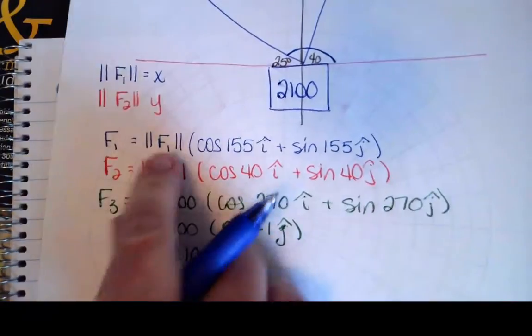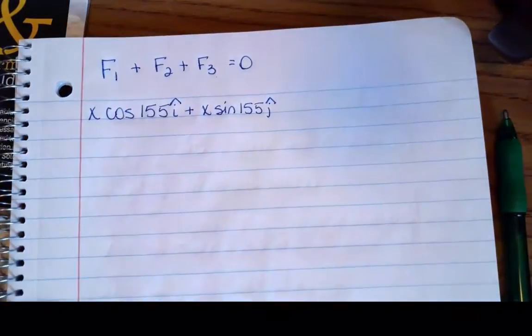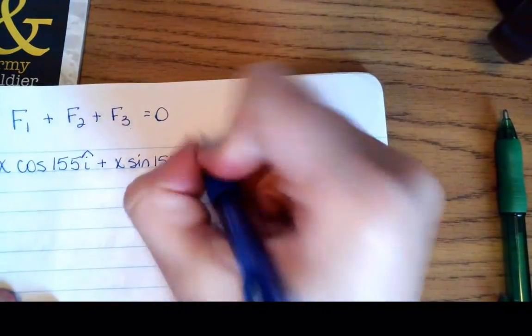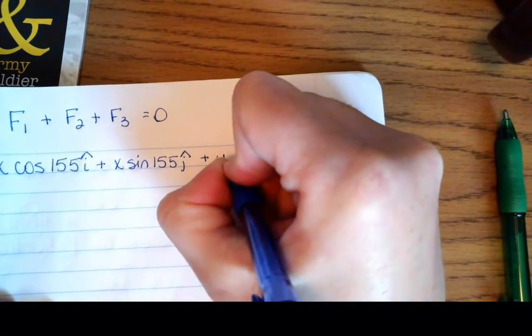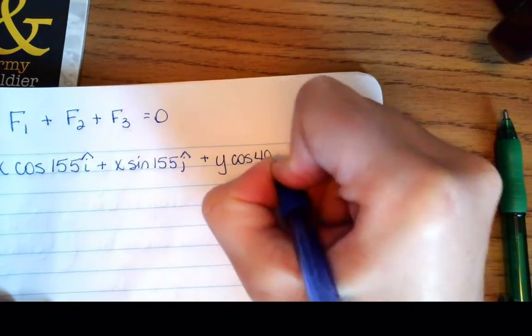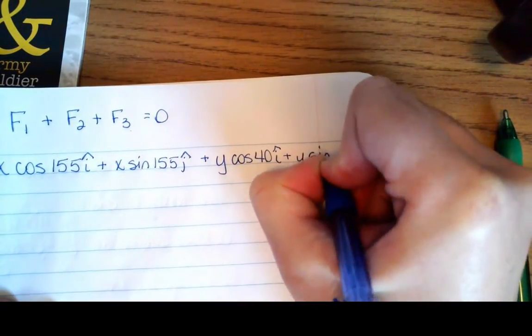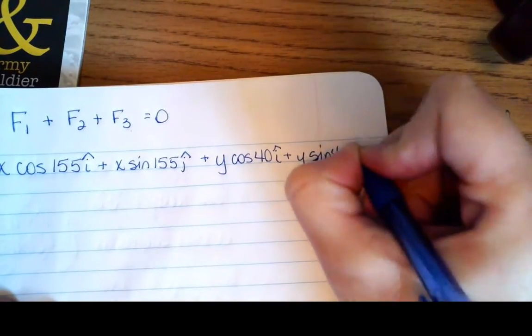So what did I do? I took X and I distributed. Now we're going to do the same thing with Y. So I have plus, this is now force 2. So I've got Y times the cosine of 40 on I plus Y times the sine of 40 on J. And once again, I've run out of room.